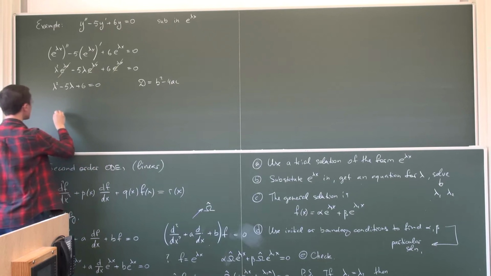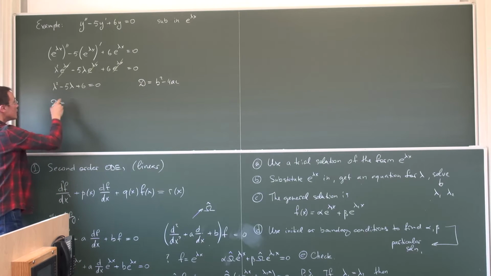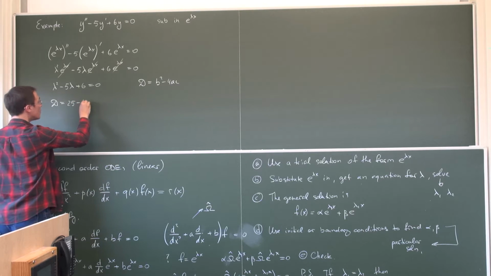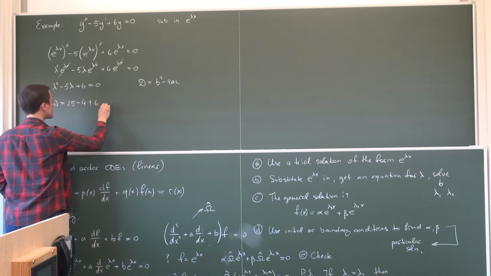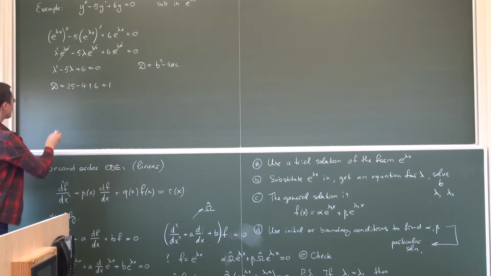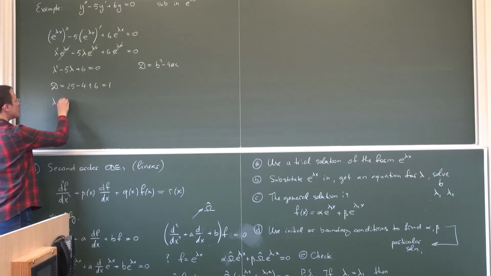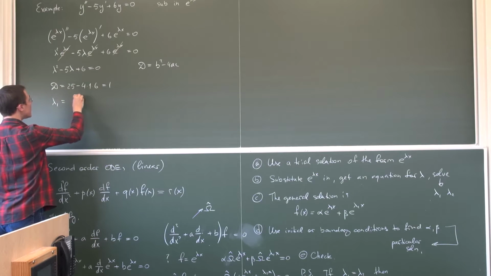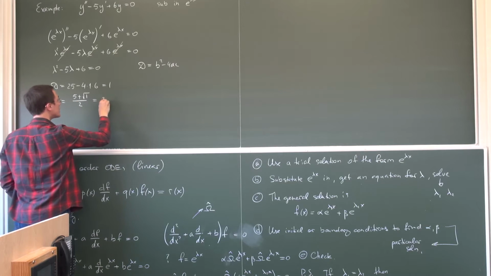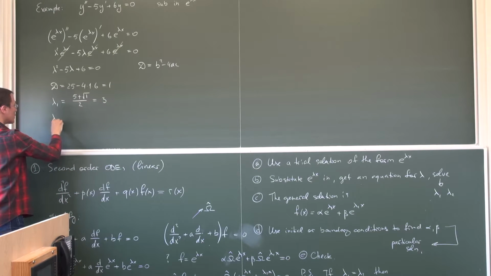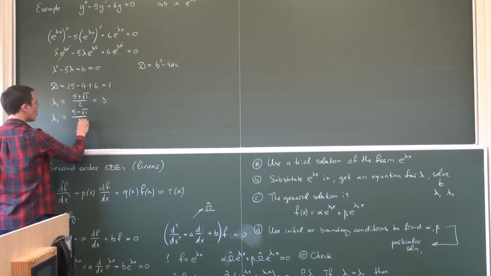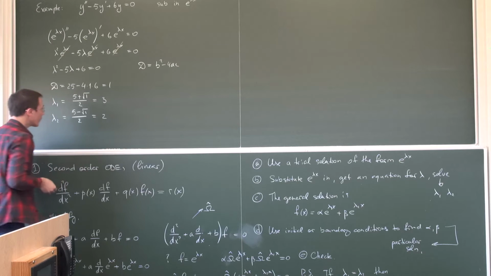So in this case, D is 25 minus 4 times 1 times 6, which is 1, and then lambda 1 is (5 plus 1) over 2, which is 3, and lambda 2 is (5 minus 1) over 2, which is 2.